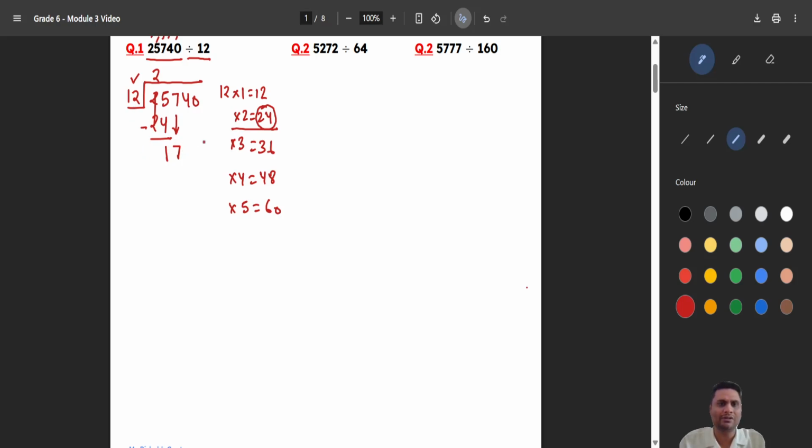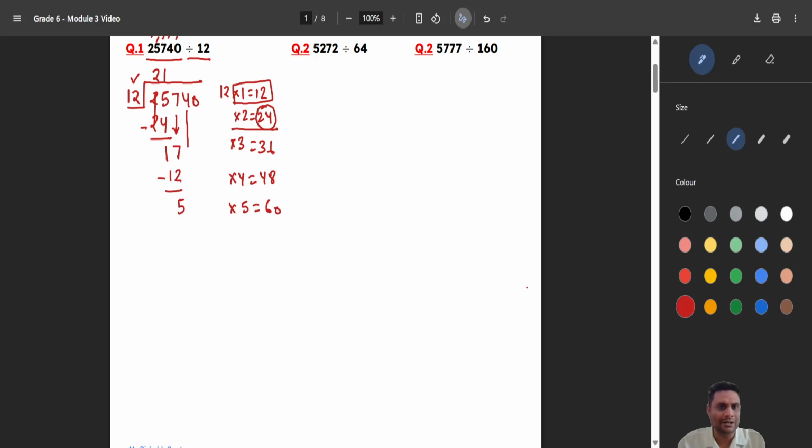So again we will try to find the 17 here in the table. As the 17 is not there, we will again choose a smaller enclosed number, and that will be 12 times 1, 12. So I will put here 12 times 1, 12, and same thing, minus now. 17 minus 12 gives me 5.